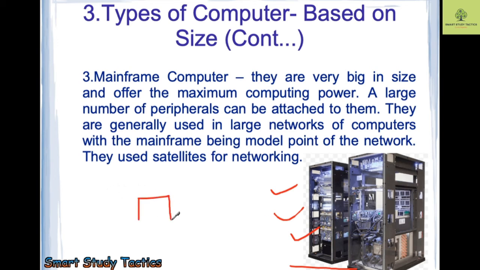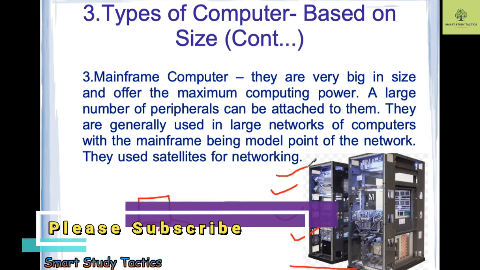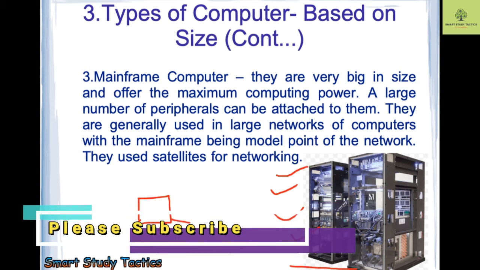If you are using a mini computer and want to make it a server, you can connect at least 3 to 4 systems to it. But if you have a large number of systems, like 1000 or 500, then you have to go with a mainframe. It will give you that performance.